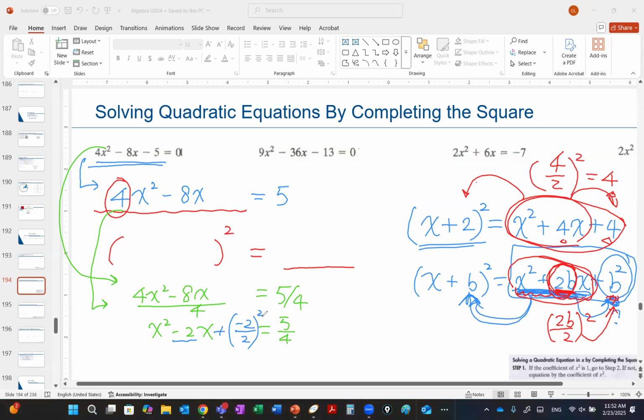The same thing, most important: whatever you do on the left part, you need to do on the right part at the same time. So the left part gets something and the right part adds the same something. It's still the same. All right. So what's next? So this one will become what? x. So here it became -1, right?